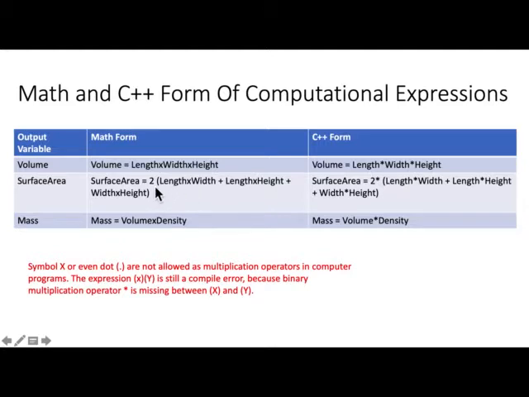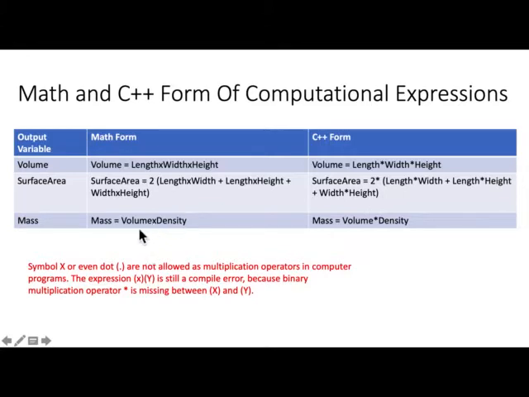Now, same thing, the second formula, surface area on the left hand side: this X got replaced by asterisk, this X got replaced by asterisk, this X got replaced by asterisk, but then with the two and parentheses, this expression is still not valid, so we need to still put an asterisk in between 2 and the parenthesized expression.